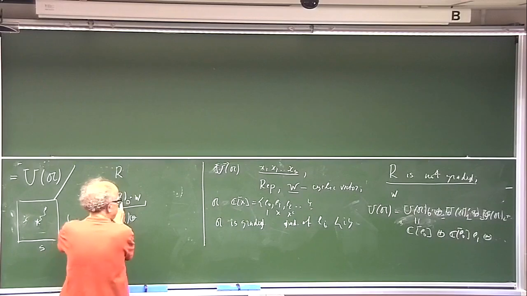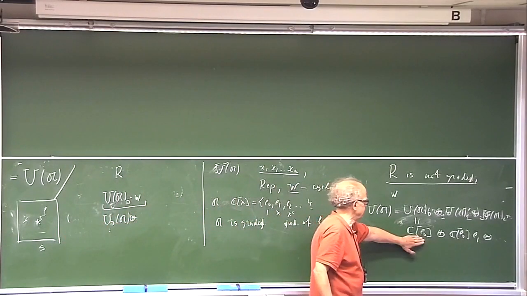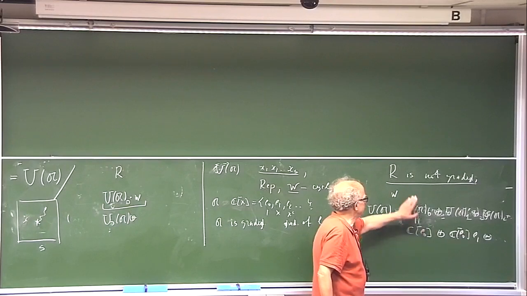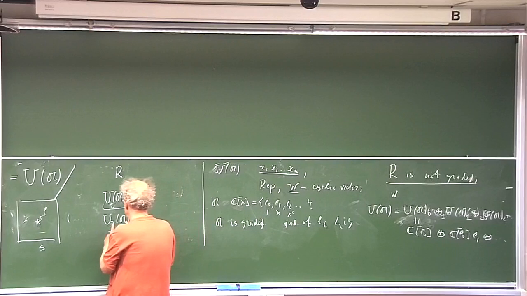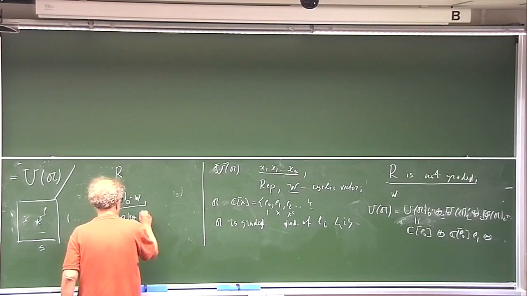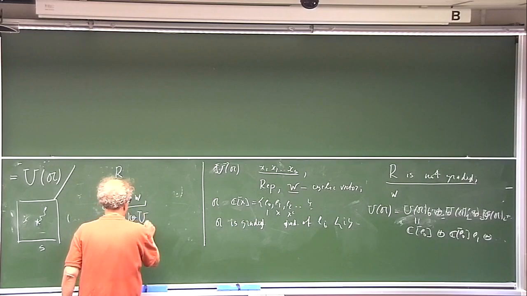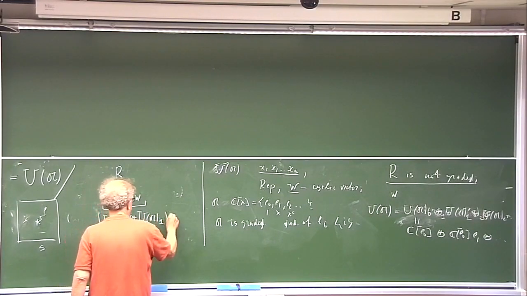So here I just take this part and apply it to the highest weight vector. Then I take this plus this and apply it to the highest weight vector.